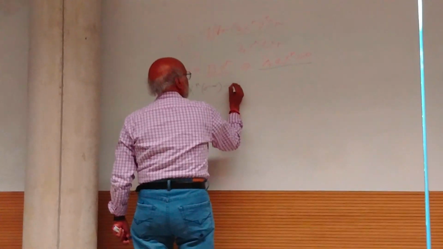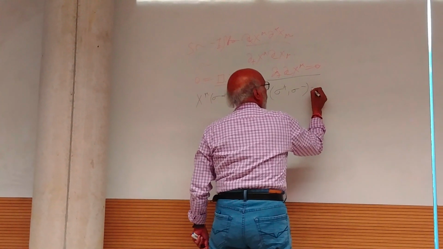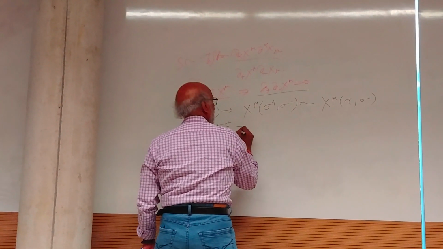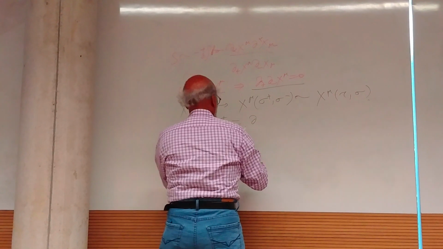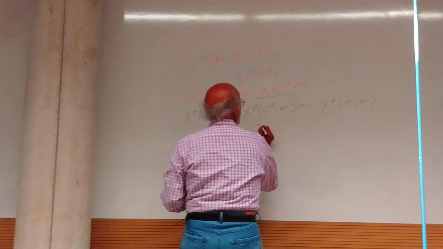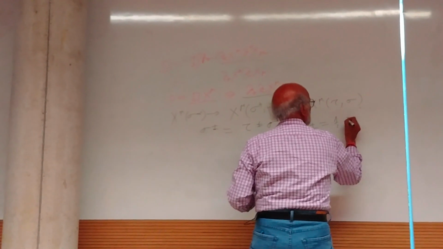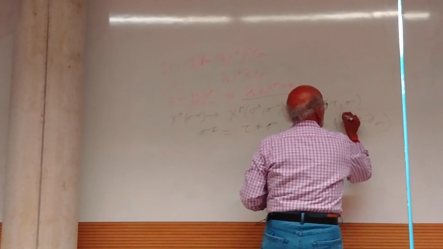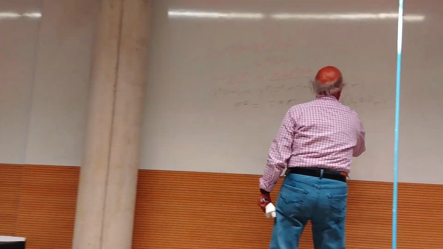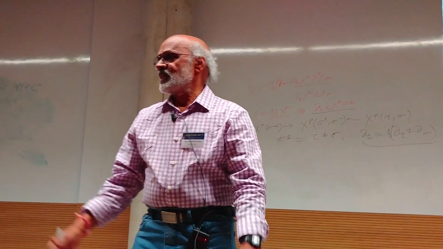X mu are a function of sigma alpha, so X mu of sigma plus, sigma minus, or X mu of tau and sigma. Now with this given correspondence for the light front coordinates, these are the worldsheet coordinates, and these are the coordinates in the space-time manifold.